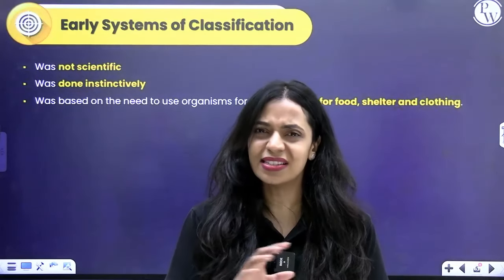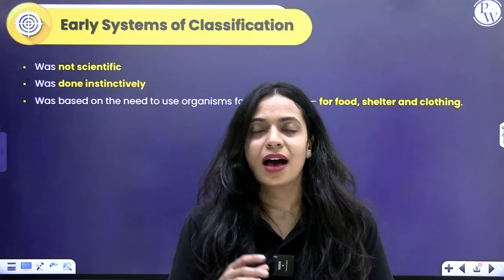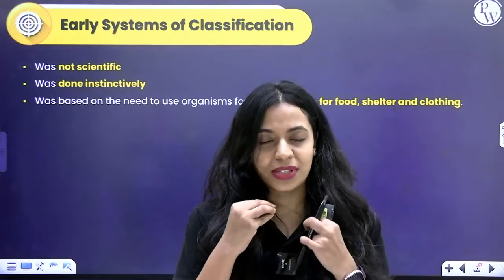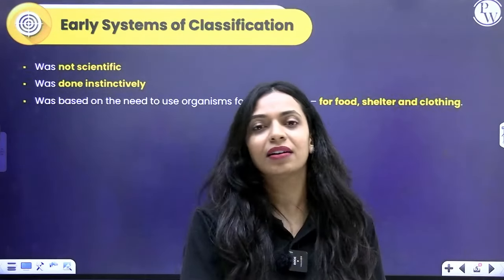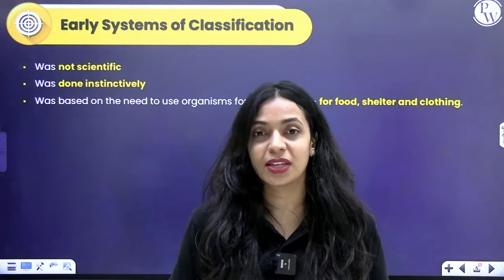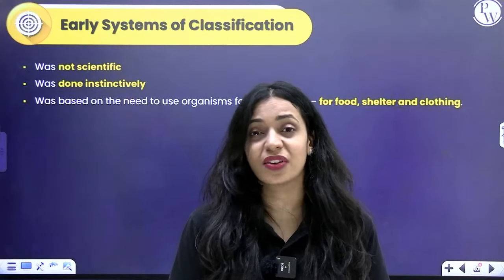Okay, so let's start and understand how classification was done very early in history. Okay, so some of the earlier systems of classification did not have a scientific basis. For example, very early on, humans and primates were very inquisitive beings, very curious beings.